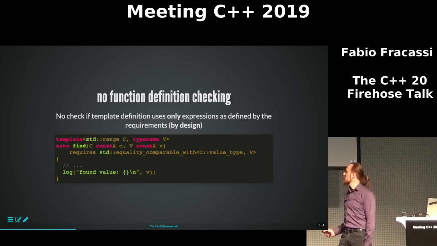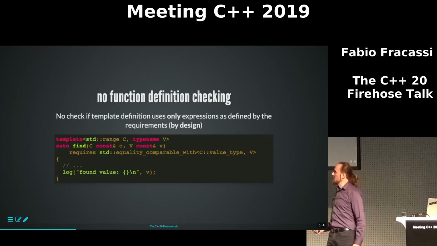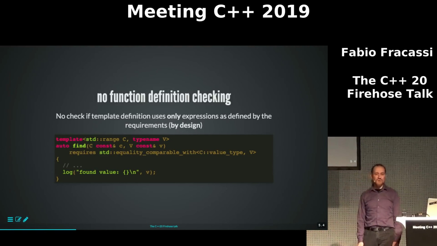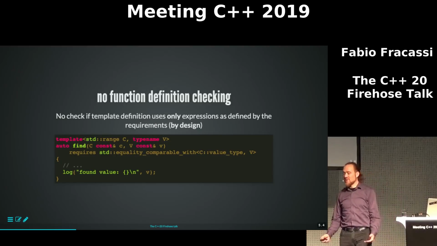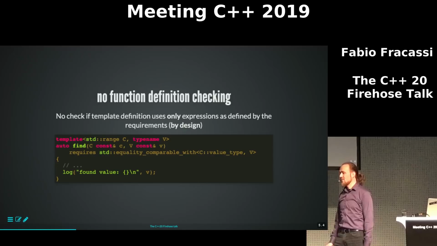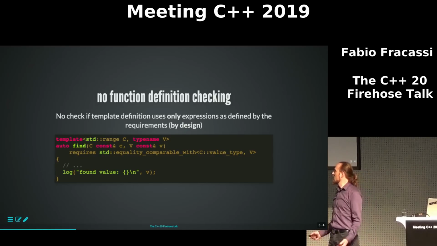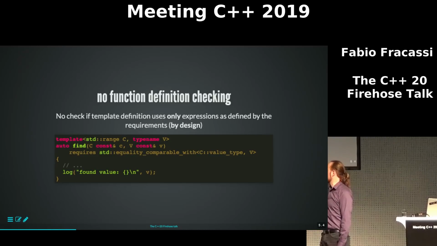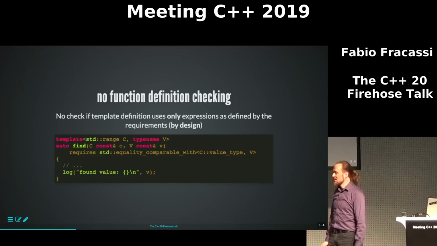You didn't write this here, so it shouldn't work, right? Well, by design, we did not do this because it would make it very hard to use this feature. Whenever you would have logging, you would have to write a concept for that. You would have to cover all your bases there. So now it just works like a normal template in this regard, so you will get an error message much later if you do something which is not formatable. That's what it is.